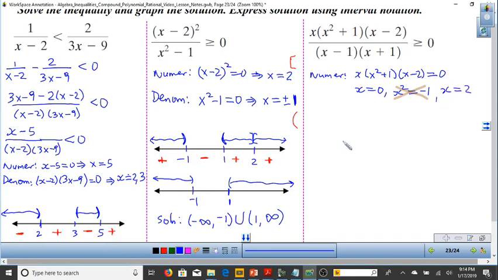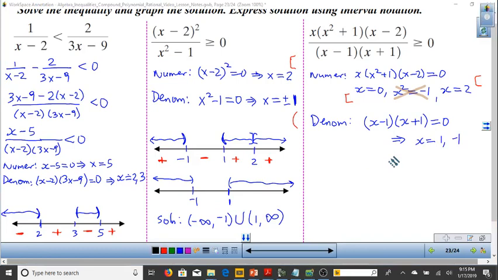So I have 2 markers there, both of them with brackets because of the less than or equal to inequality. And for my denominator markers, I have the two numbers 1 and -1. So my markers are 1, -1.